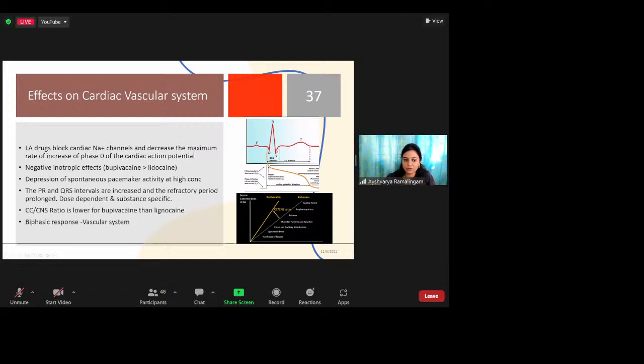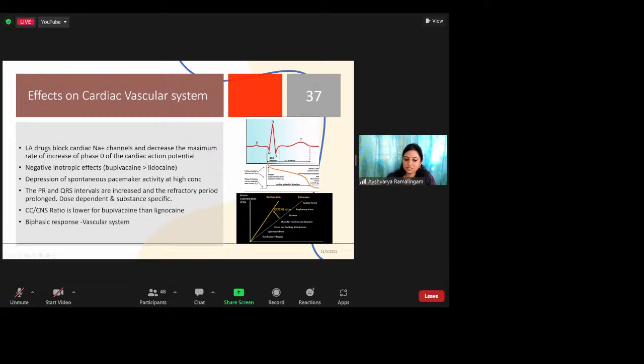They have a direct negative inotropic effect, which is more pronounced with bupivacaine than lignocaine. There is also depression of spontaneous pacemaker activity at very high concentrations. The cardiovascular collapse to CNS toxicity ratio is lower for bupivacaine. That is, the cardiovascular side effects occur at a lower dosage for bupivacaine compared to lignocaine.